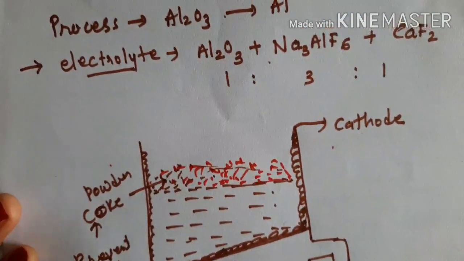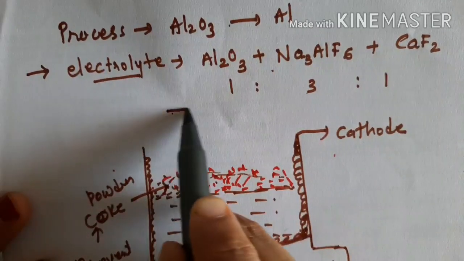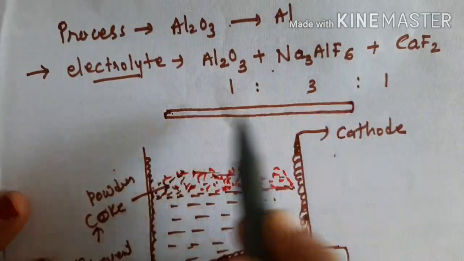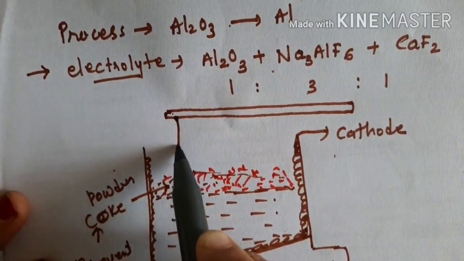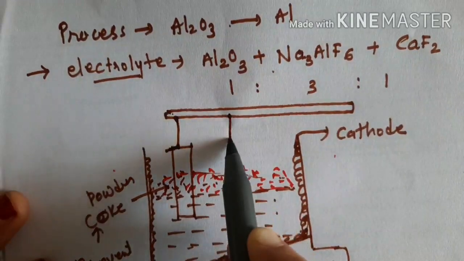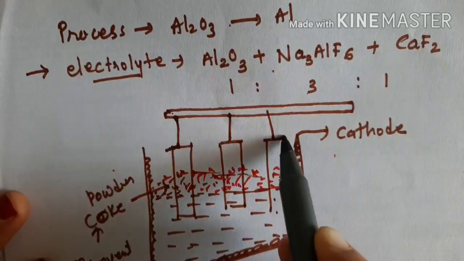Now the cathode is there, and for the anode we take carbon rods. In your textbook it is given that big carbon rods are dipped into the electrolyte.